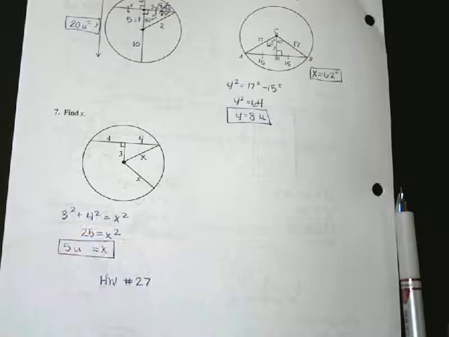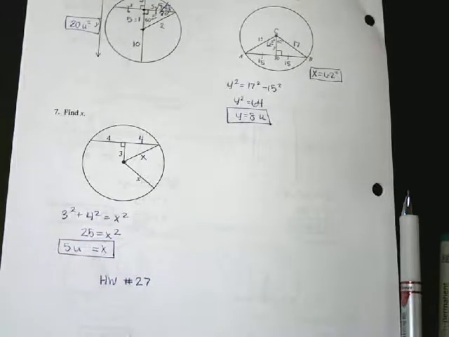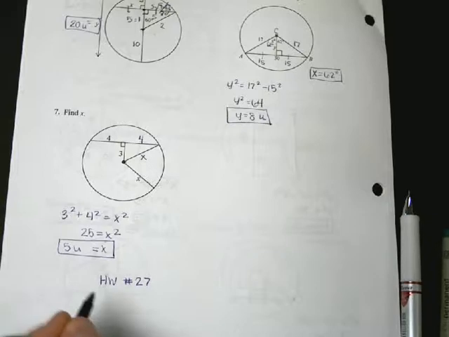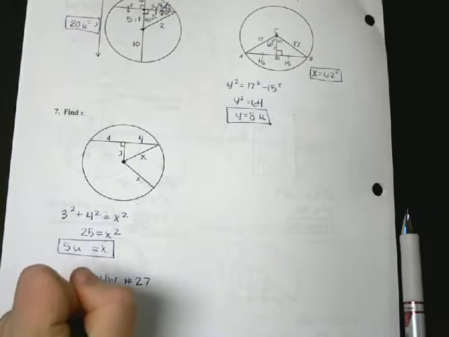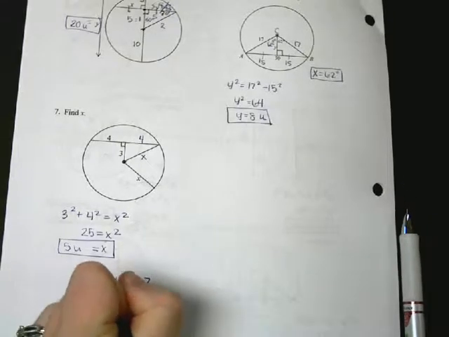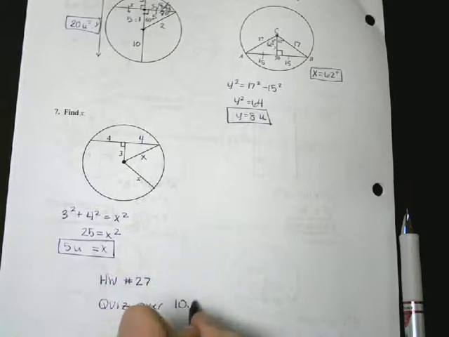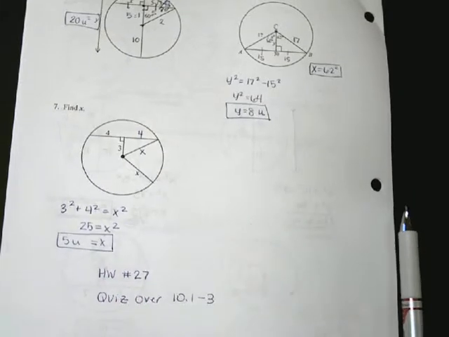I will collect those tomorrow on Friday for a grade, and that way I can answer any questions you'll have over the homework before your quiz on Friday. So we are taking a quiz on Friday over 10.1 through 3. Okay, so homework 27 and homework number 26 are going to be due on Friday.